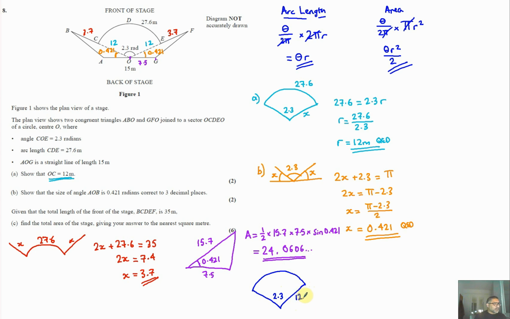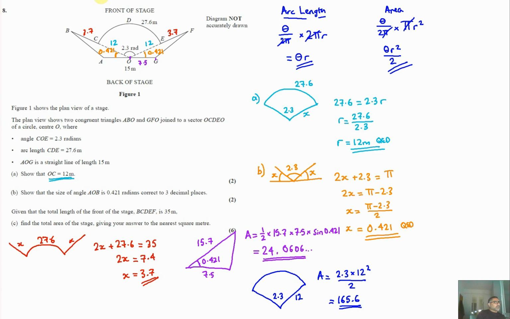It's got a radius of 12. So going back to our area formula, the area will be 2.3 times 12 squared over 2, which works out to 165.6.